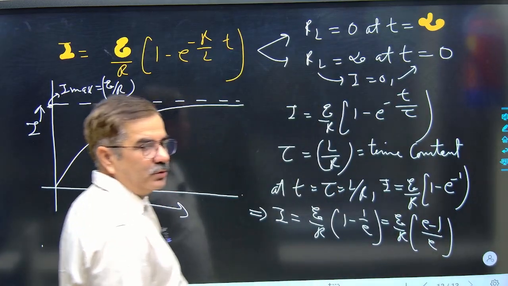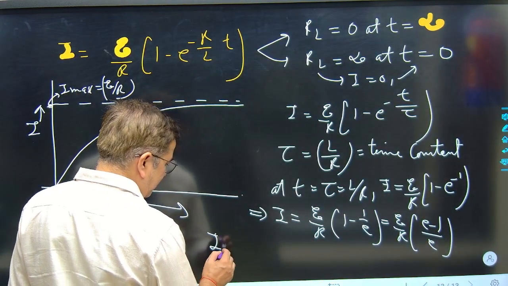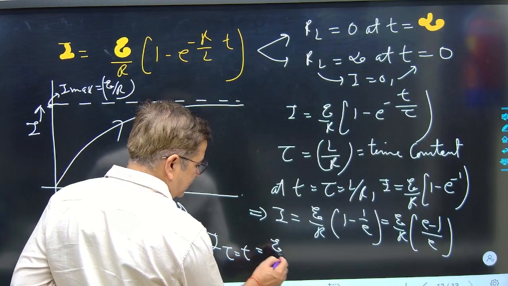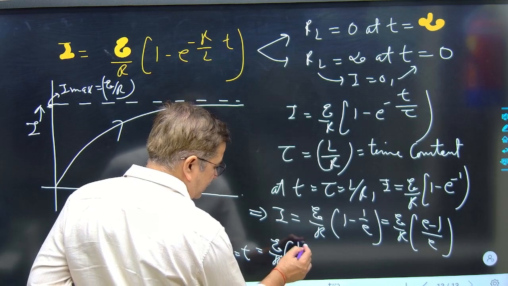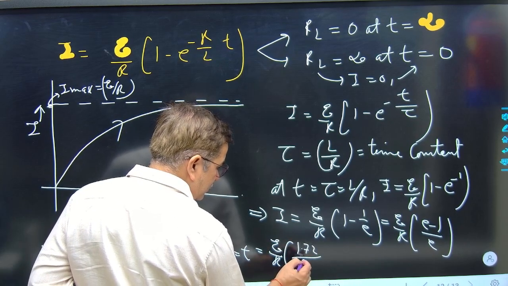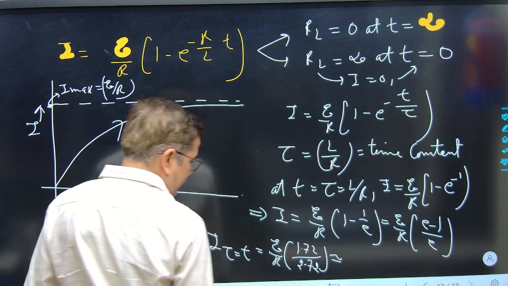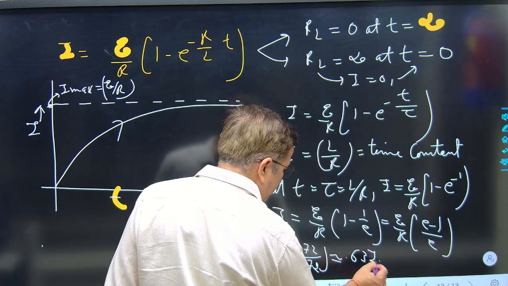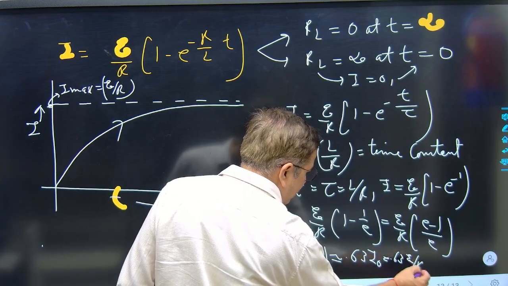The value of e is 2.72 approximately. So the current after one time constant is the maximum current times 1.72 over 2.72, and this result is approximately 0.63 of I naught, the maximum current, or 0.63 of E by R.